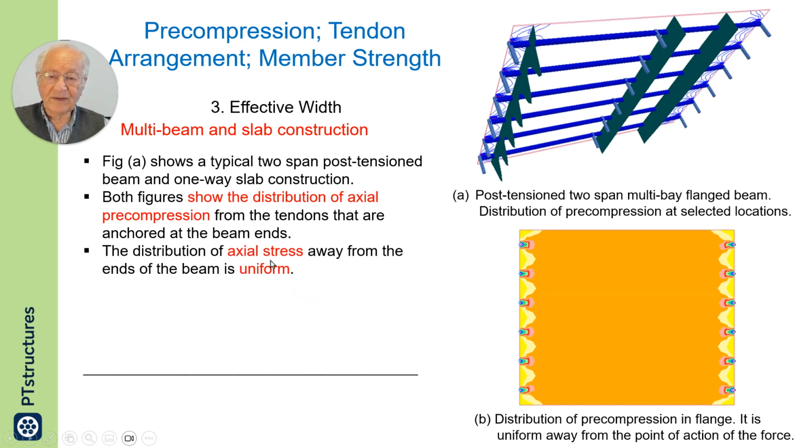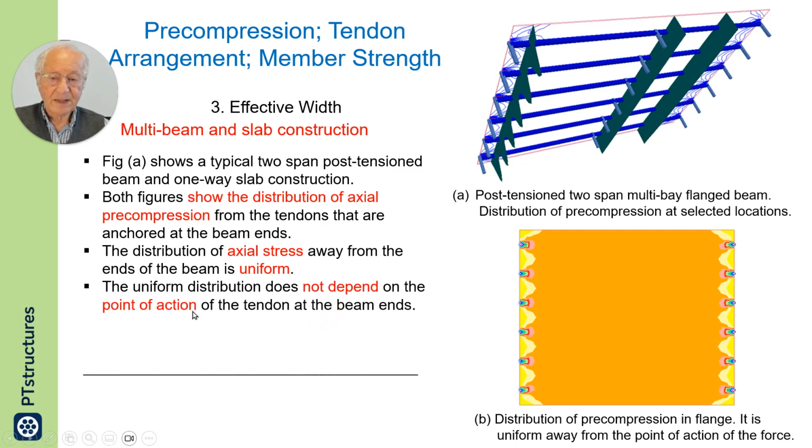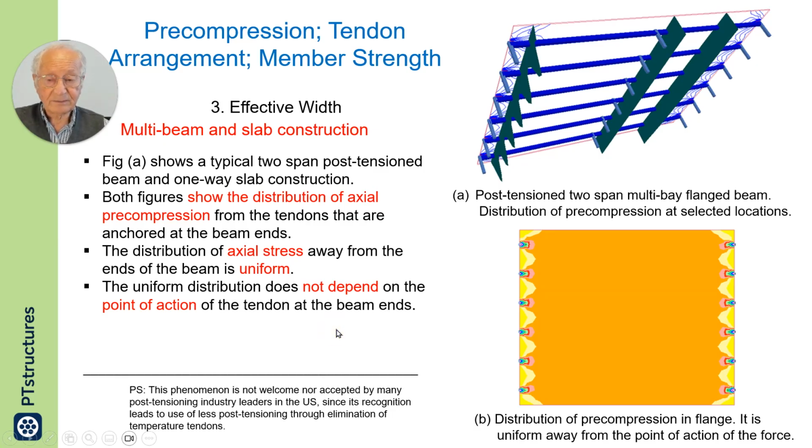The distribution of axial stress away from the ends of the member is uniform. The uniform distribution does not depend on the point of application of the tendon at the beam ends. It doesn't matter where you anchor.